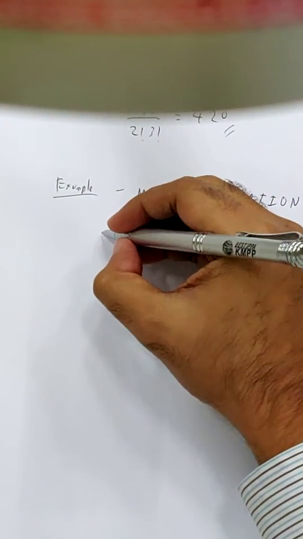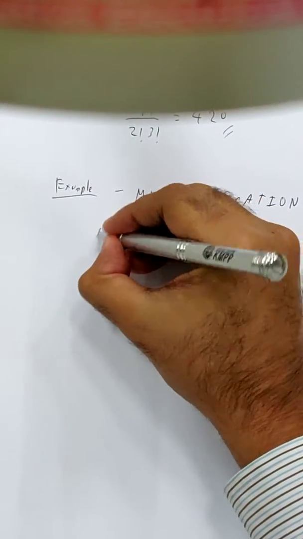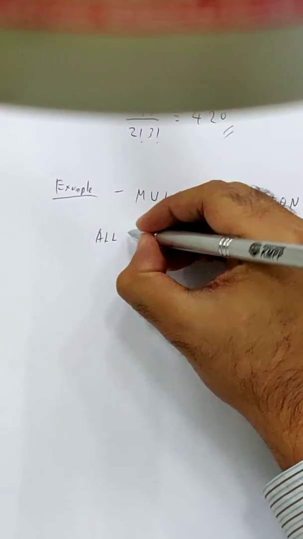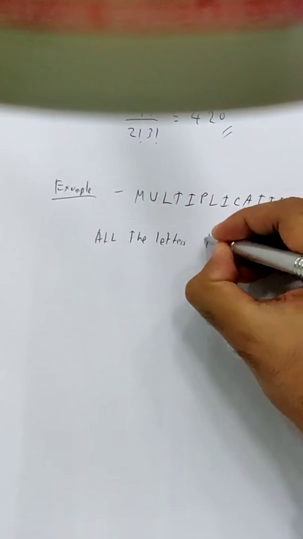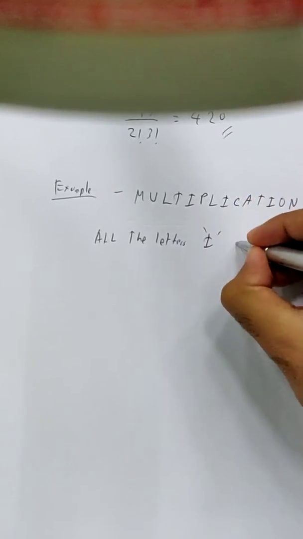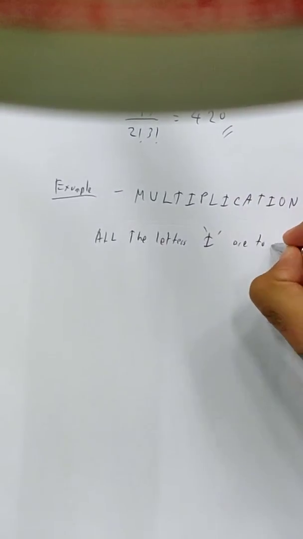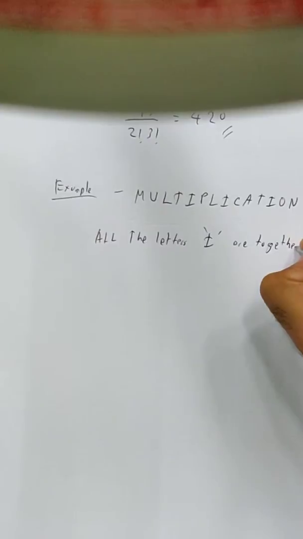Okay, we are running out of time, so I'll go straight to the case. All the letters I are together. If we have enough time, we'll try another example on this one.